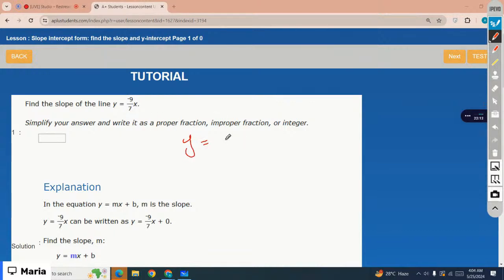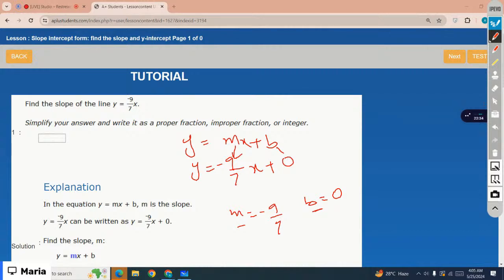You have to compare this equation to y equals mx plus b, right? So m equals negative 9 over 7 and b is 0. B is the y-intercept and m is the slope. So the slope for the equation is negative 9 over 7, right? The correct option is negative 9 over 7.